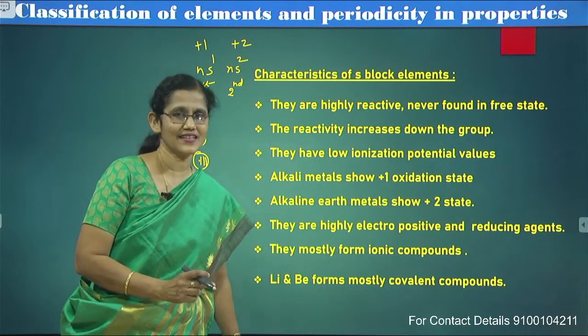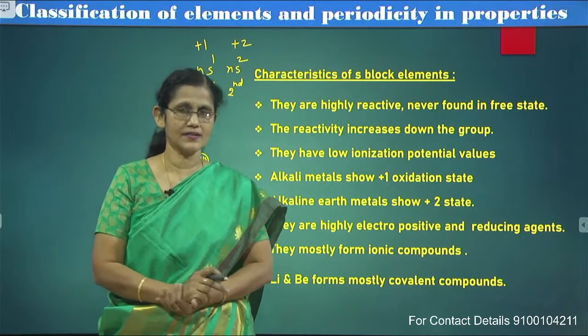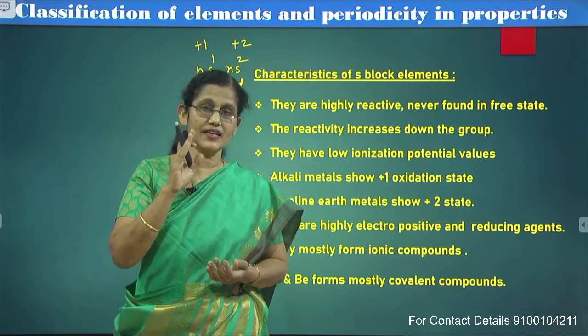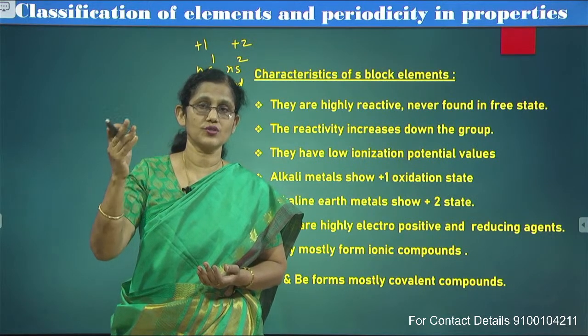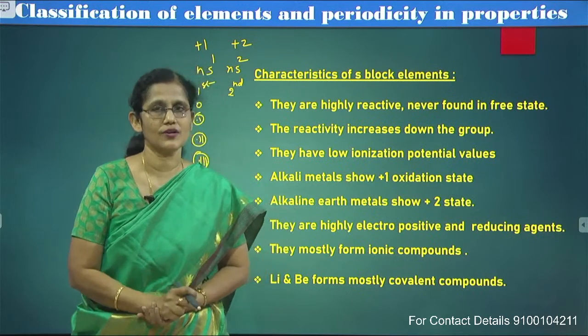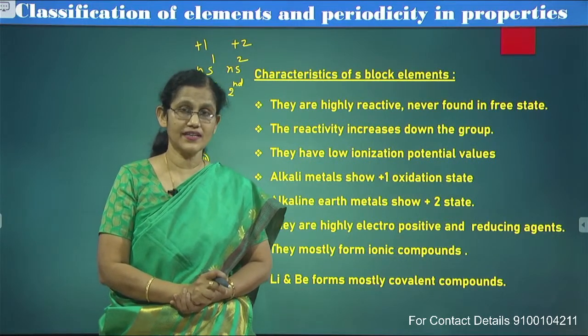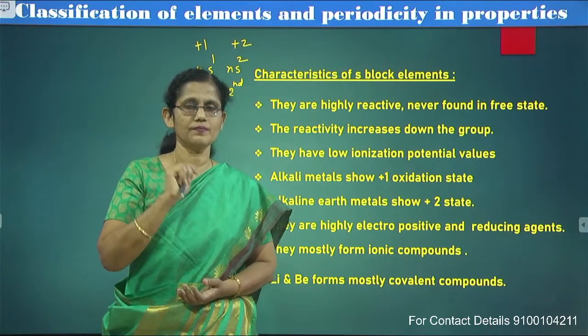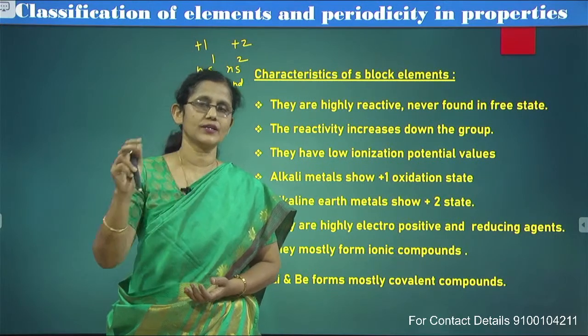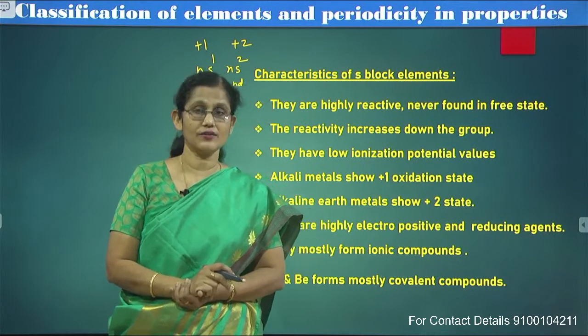So, we discussed s block. What are s block elements? If the differentiating electron enters into the ns orbital of the outermost shell, they are called s block elements. How many groups are there? There are 2 groups, first group or 1A group, second group or 2A group. What is their valency configuration?